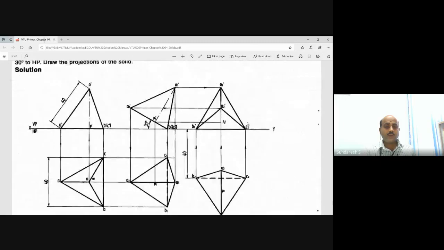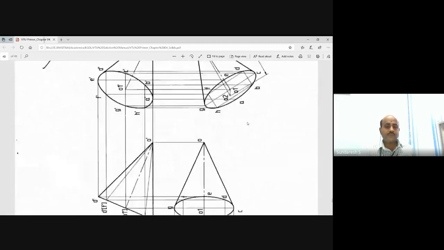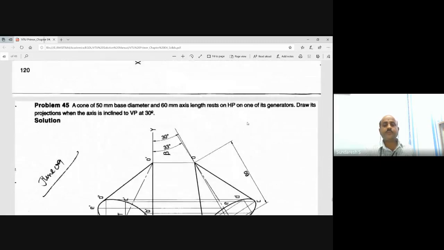Just go back. So this is a problem on what we call the beta angle problem. A cone of 50 millimeter base diameter and 60 millimeter axis length rests on HP on one of its generators.